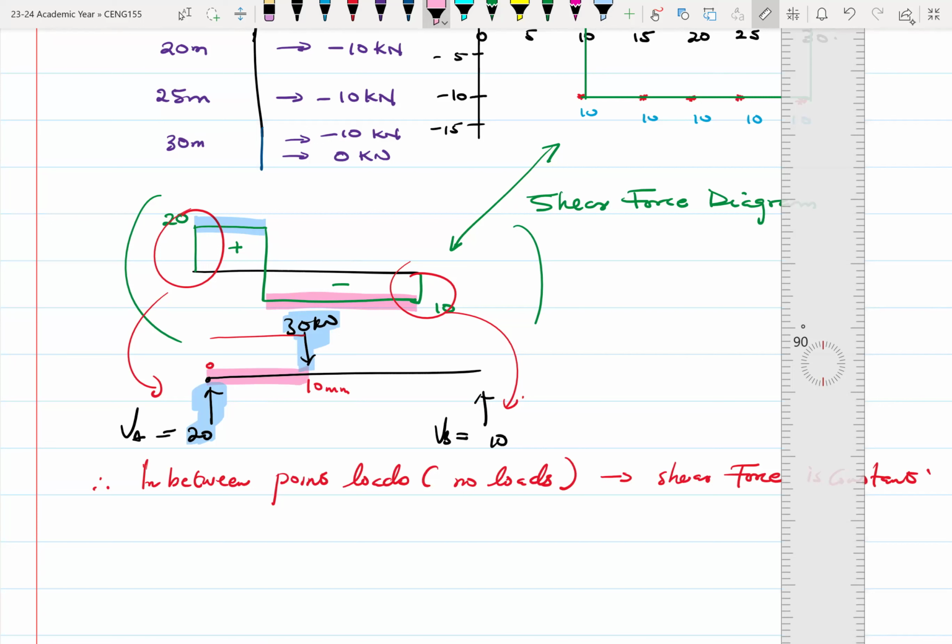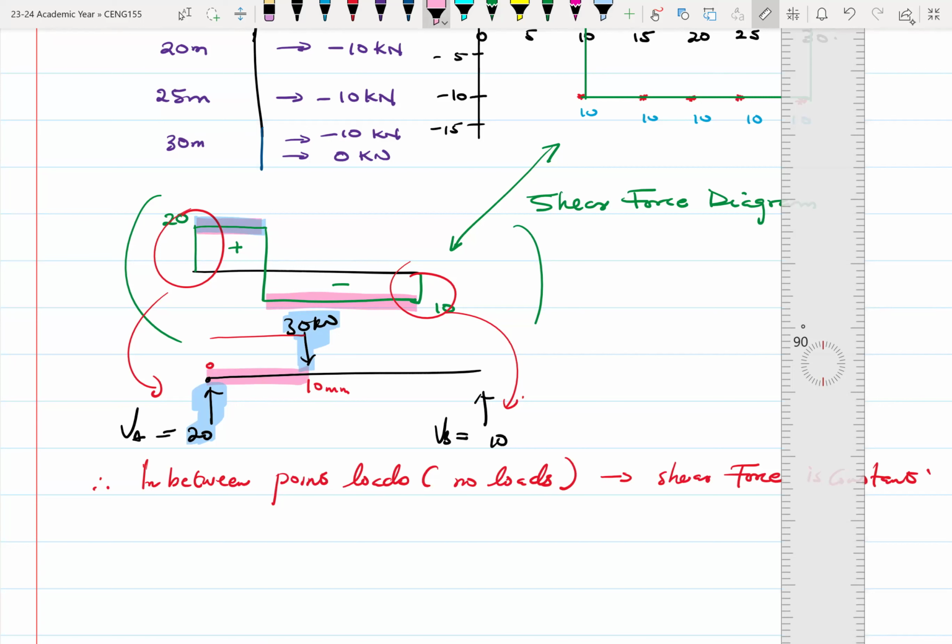And because there's no load between these two point loads, the shear force also remains constant between those two.